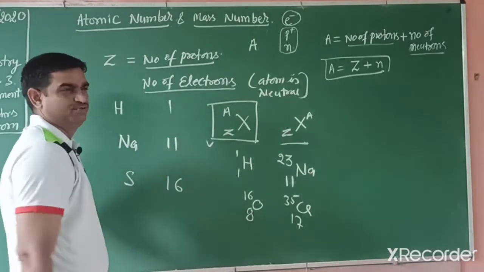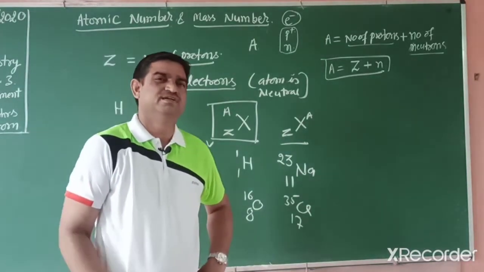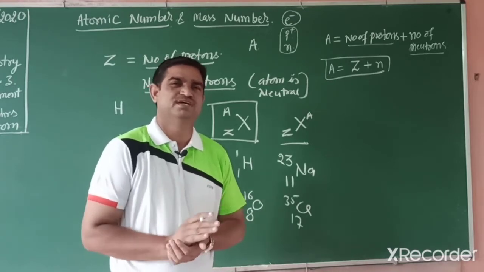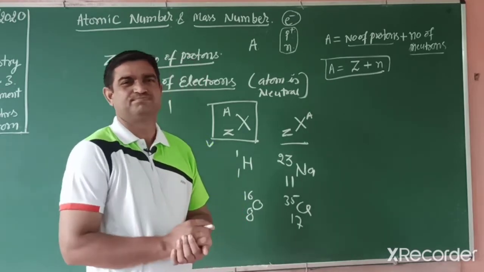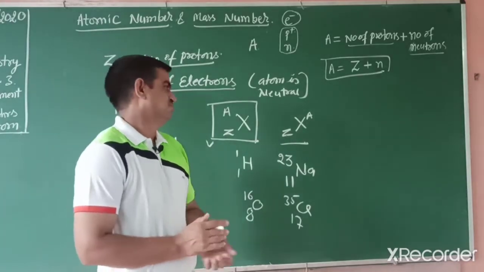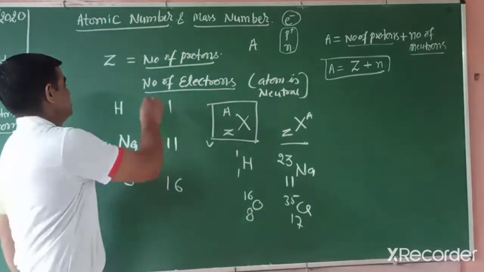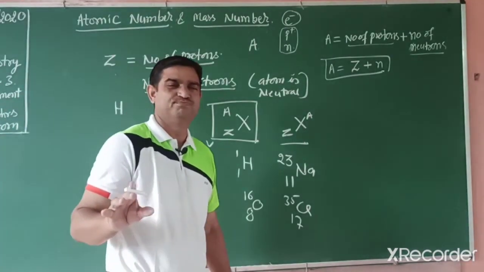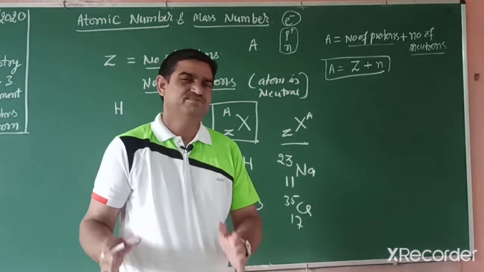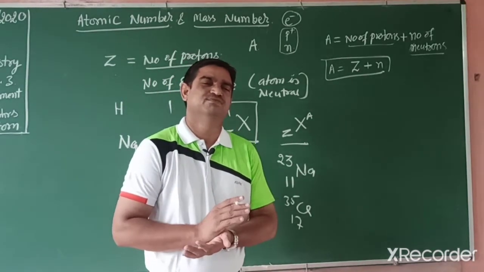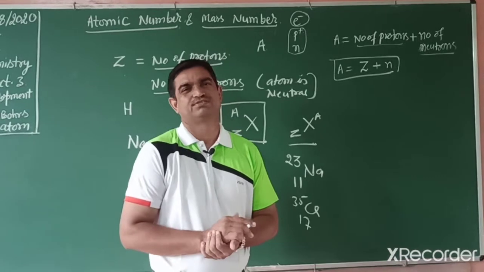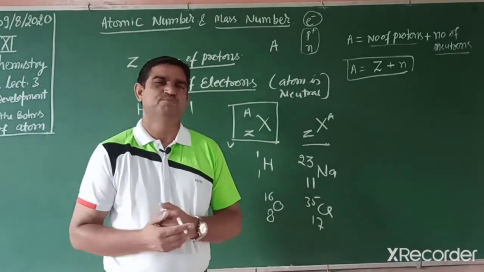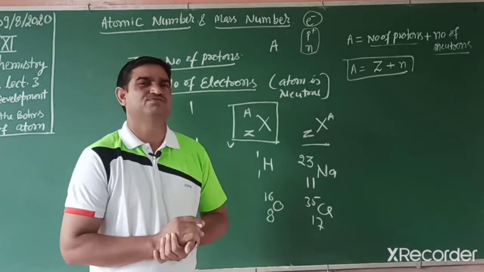Any element you can represent, and all the elements are given in the periodic table with a specific atomic number. We study this in detail in the next chapter, and you also know it from the earlier class. Atomic number is a characteristic of any element, and that is the number of protons. If the atom is neutral, it is also equal to the number of electrons. But students, the chemical property depends on the number of electrons.